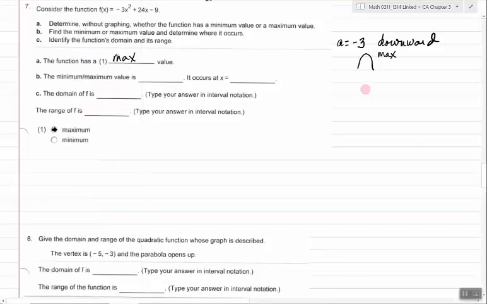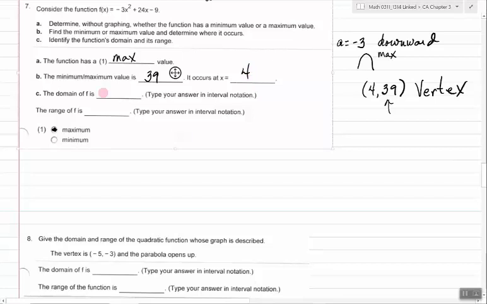So the max occurs at 4, 39. That's the vertex. That saved me a lot of work of having to do h equals negative b over 2a and so on. So the max value is 39, and it occurs at x equals 4.